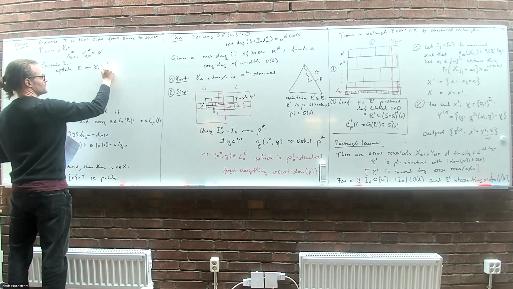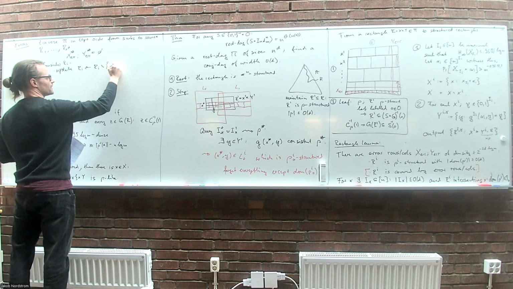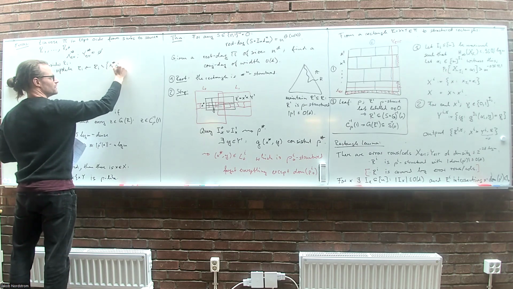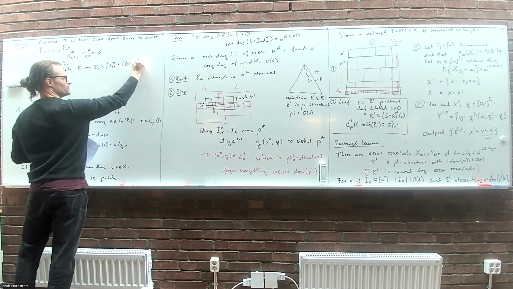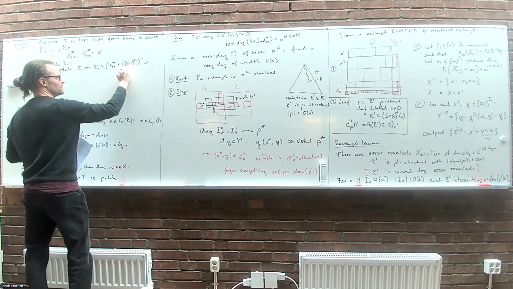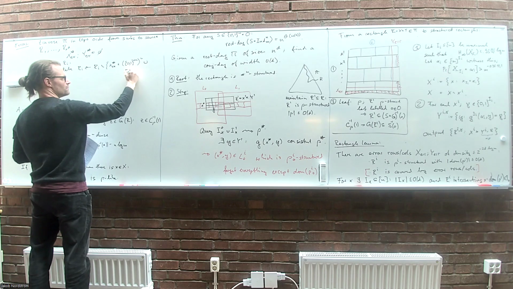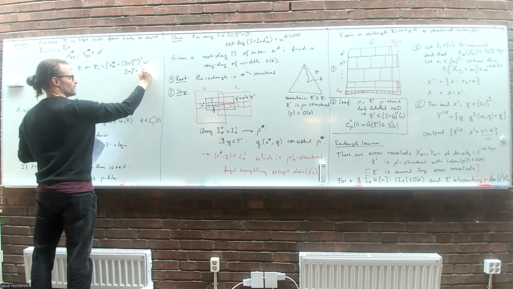Ri minus X star error times everything, so {0,1}^n, union {0,1}^n times Y error.